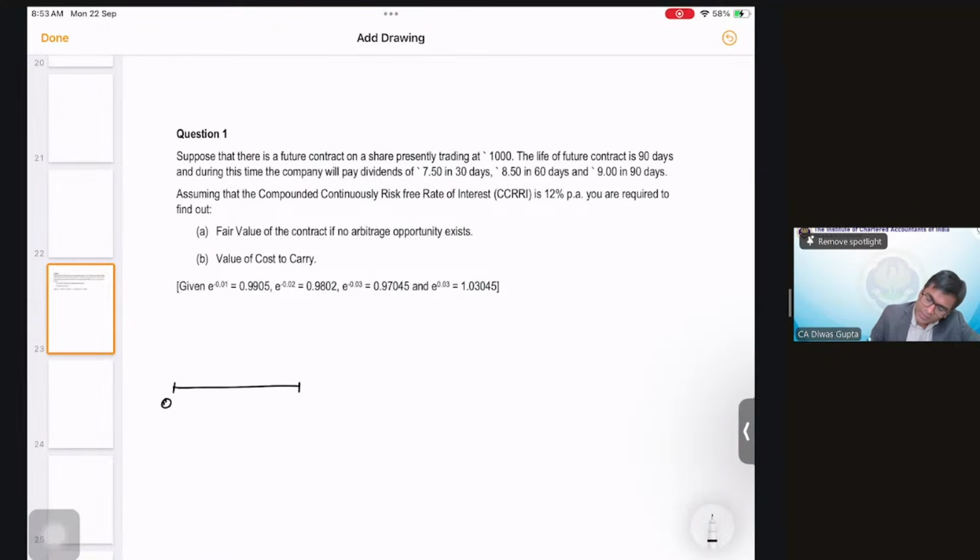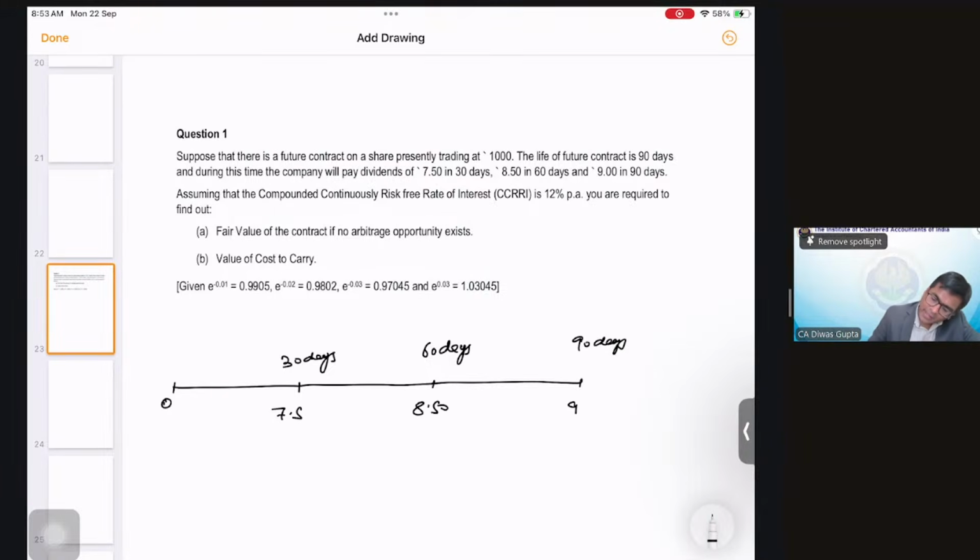So the first interval is 30 days. Second interval is 60 days. And last interval is 90 days. First interval 7.5, second interval 8.5, and third interval 9 rupees.